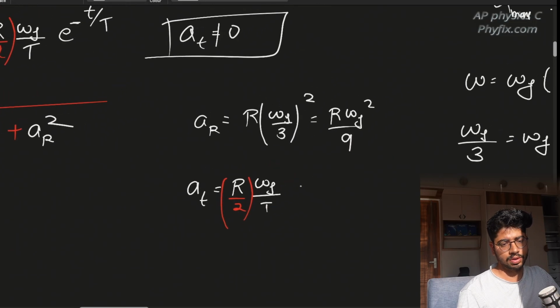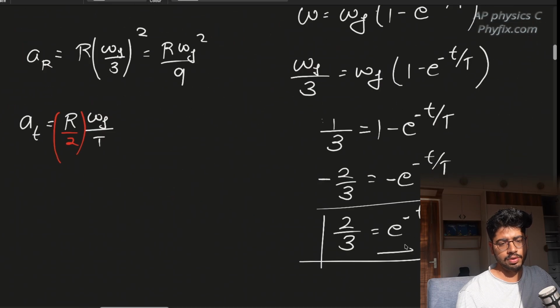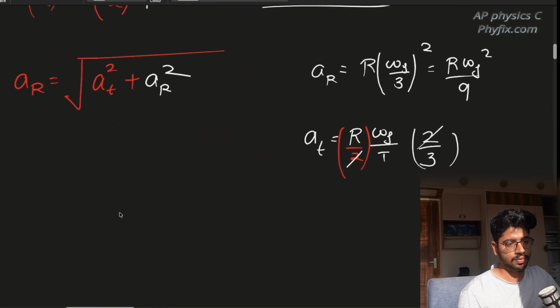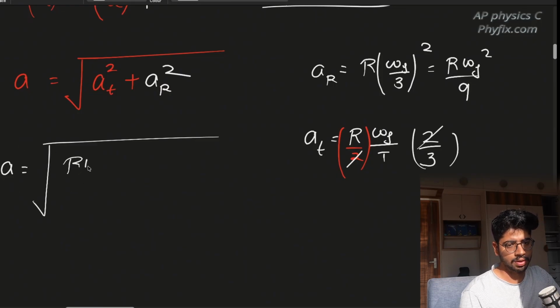And so this is e, this value we already figured out, that one is 2 by 3. We have to just substitute it. 2 will cancel out. And so the final expression, this is not r, this is the total one, that is equal to r omega final by 9 plus the tangential component, I have to put the square of that one here also.